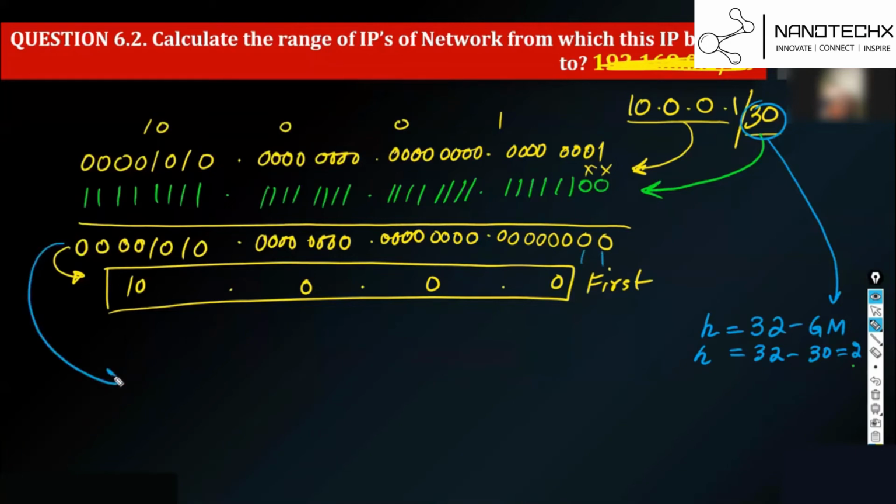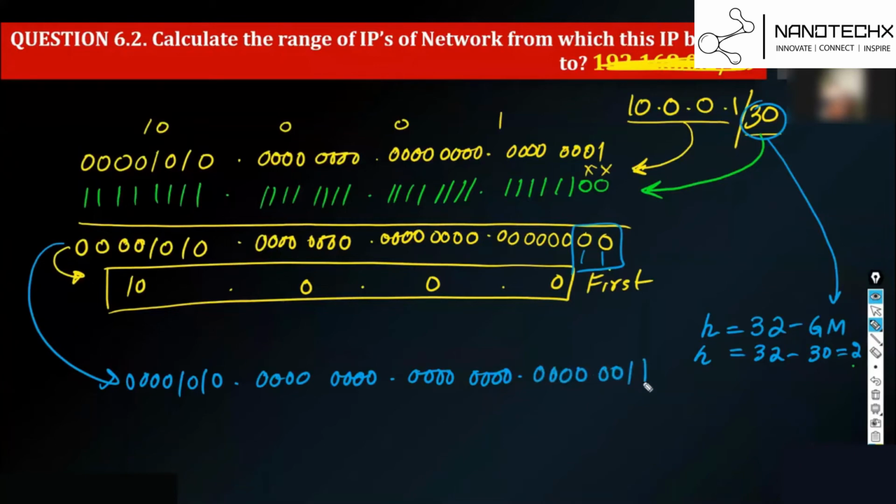Let me write it here again. 0, 0, 0, 0, 1, 0, 1, 0, dot 0, 0, 0, 0, 0, 0, 0, 0, 0, 0. We don't touch anything else other than the last 2 bits. Only these last 2 bits. So 0, 0, 0, 0, 0, 0, and then 1 and 1. Why?